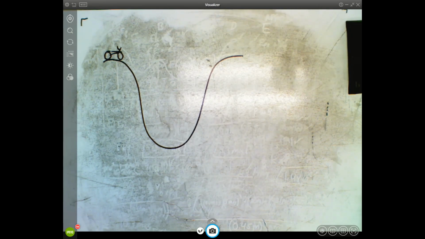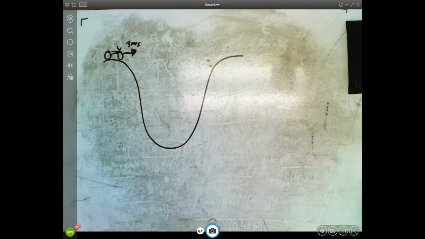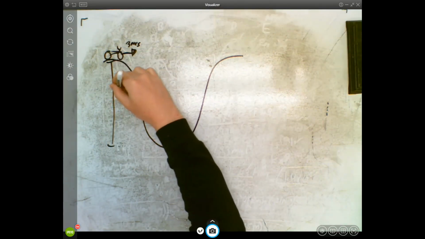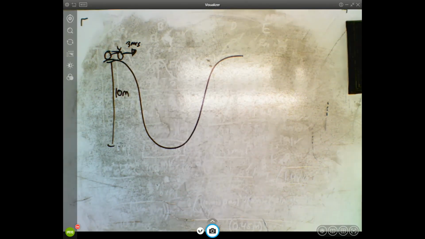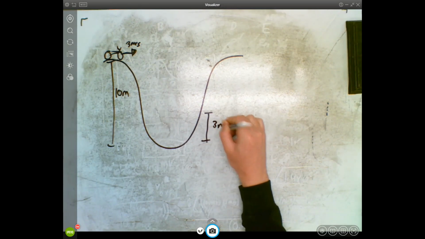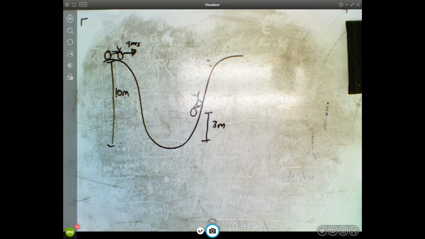A 75 kilogram cyclist starts at a speed of 3 meters per second, so I'm going 3 meters per second and coasts down the sidewalk to a valley 10 meters below. So this valley is 10 meters below where we started. He starts up the other side where he coasts until he comes to a rest. So this is 3 meters above, and this is where my bike stops. Some terrible bike drawings there, but you get the idea.